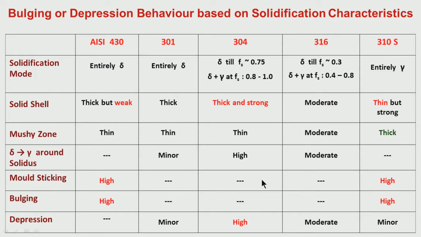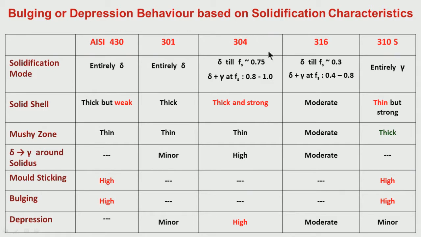Very low carbon and very high carbon have sticking and bulging tendency. The behavior is similar for stainless steel, but of course, here carbon is of no consequence. Here the nickel equivalent by chromium equivalent represents the chemistry.